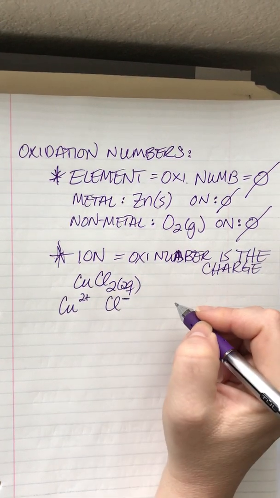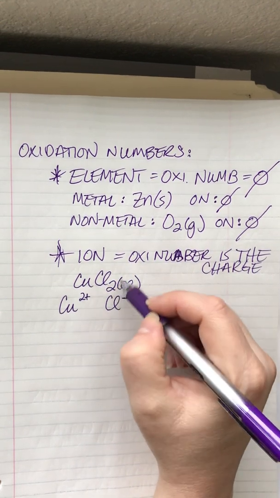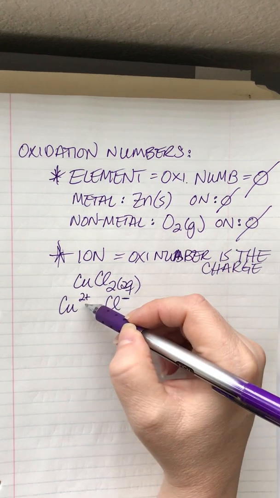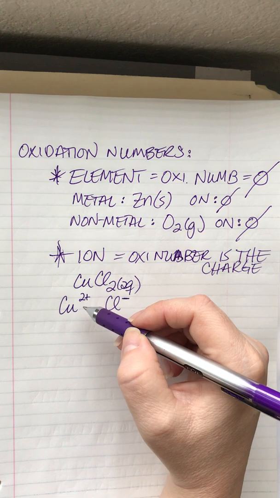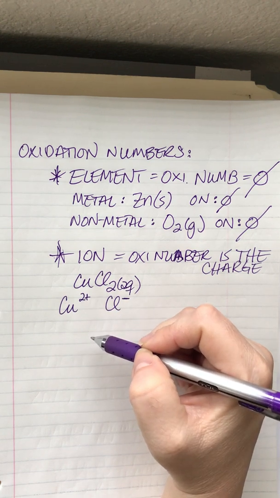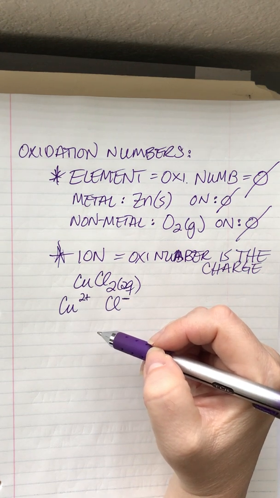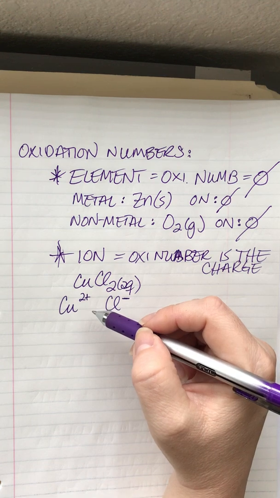And each chloride has a -1 charge, right? So if you have 2 of these guys, each one has a -1 charge, then copper must have a +2. Okay? You picking up what I'm laying down? Yeah, it's like working backwards. Yes, exactly. Everybody with me on that?